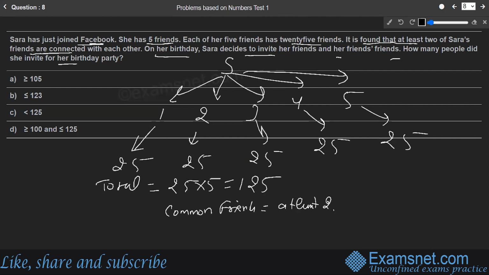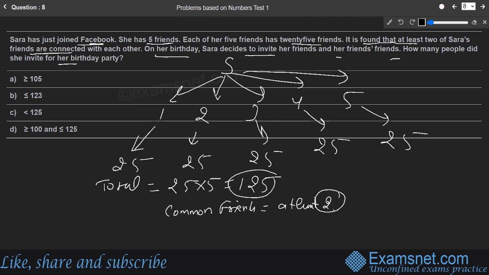So how many friends is she supposed to invite? In the extreme case, we consider that there are 2 such persons who have just one friend only. If we assume that, these 2 persons can be excluded from the invitation, because if their friends are invited, they must already be getting the invitation. So for the minimum case, these 2 people can be left out.